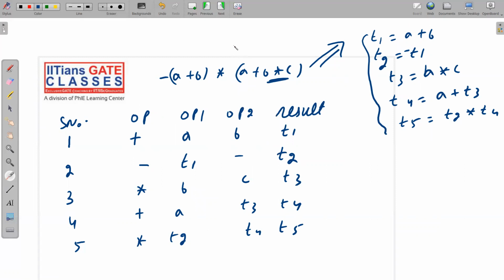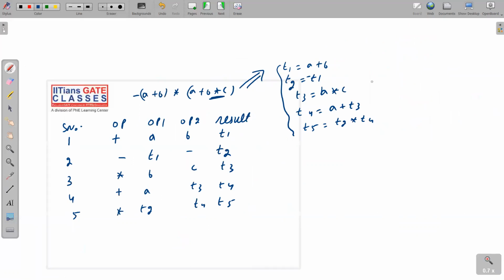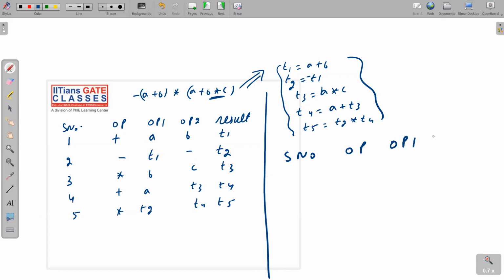Okay. Now let me show you triple. Please note it down. Just to save time, I will do it here only because we have already done the 3 address code. So I will just represent it. I will say serial number, operator, operand 1, operand 2. Here OP means operator.